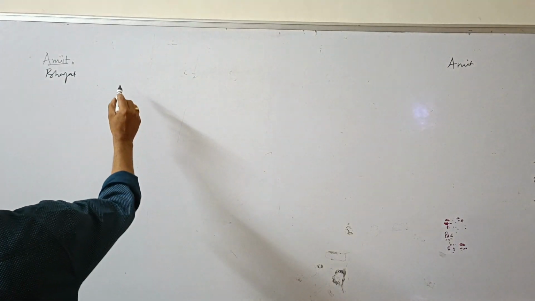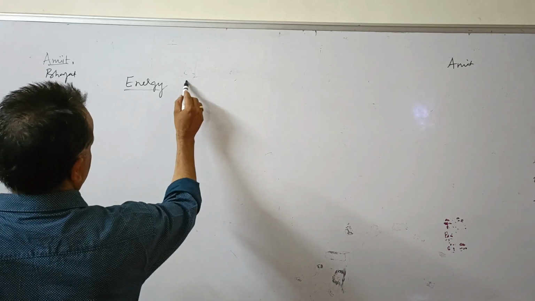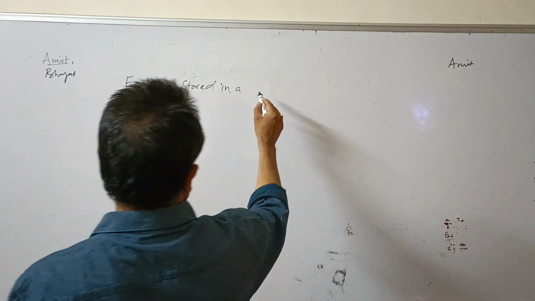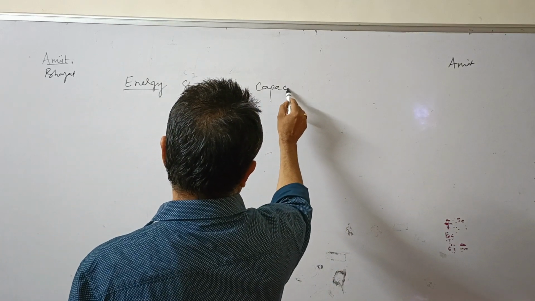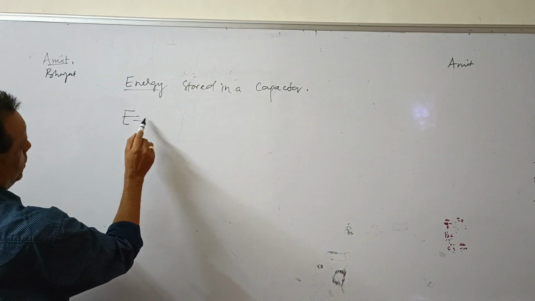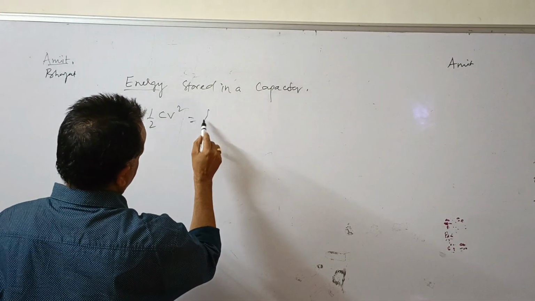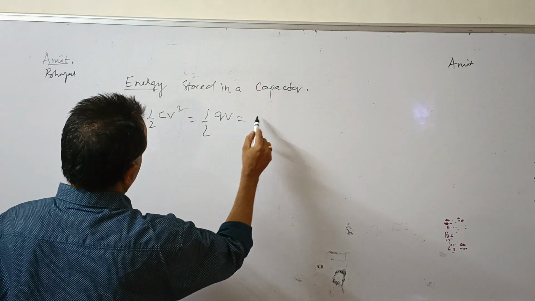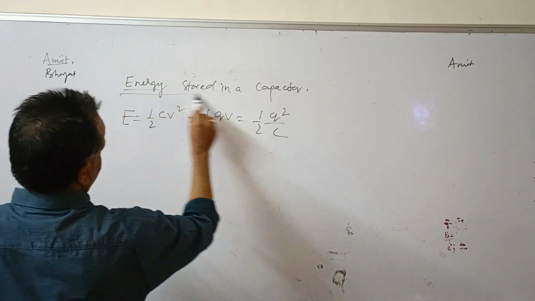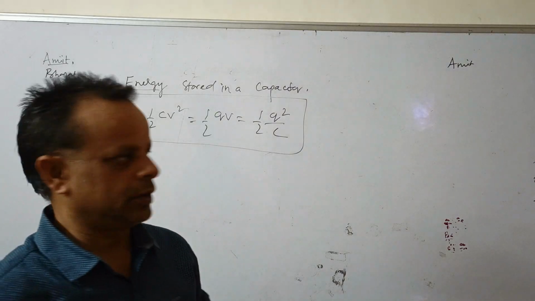Now we will go for energy stored in a capacitor. The energy stored in a capacitor can be half CV squared, or half QV, or half Q squared by C. This is the energy stored in the capacitor.